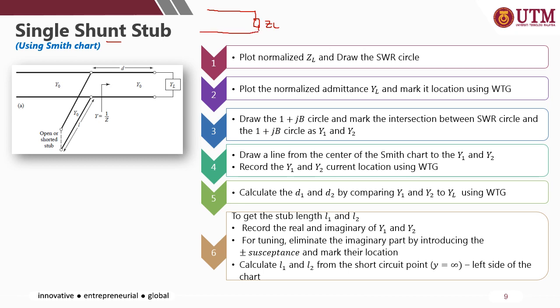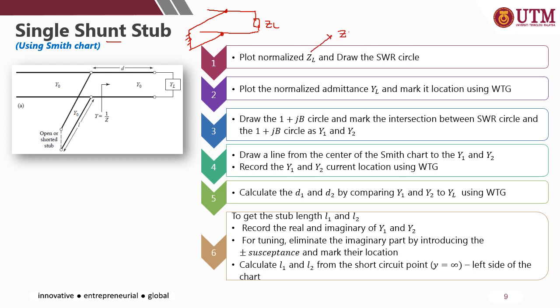So we introduce the matching network in parallel to the transmission line, the shunt stub. At this point, the stub could be an open or shorted stub. The first step is to plot the normalized load impedance.